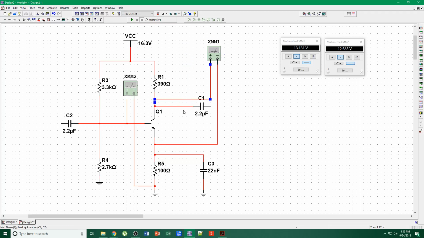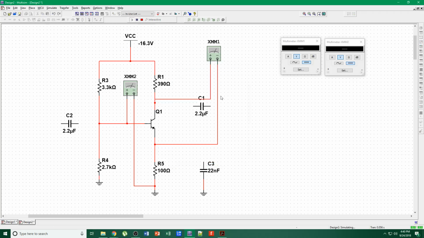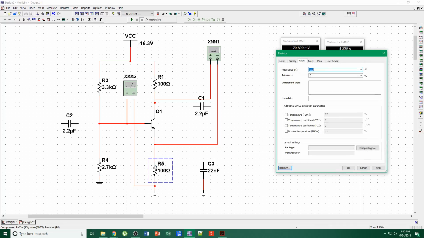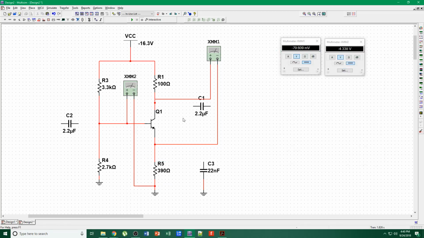I think I might have. Eight volts across, which is almost perfect, but my base is all wrong.